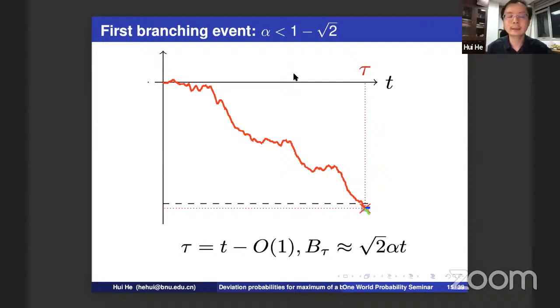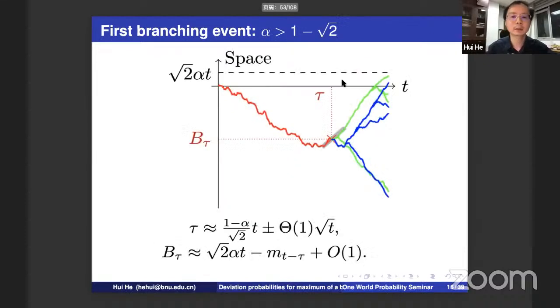This is for alpha less than 1 minus square root 2. If alpha is strictly larger than 1 minus square root 2, you have something like this. At the very beginning, you have one particle which starts to move as a branching motion.